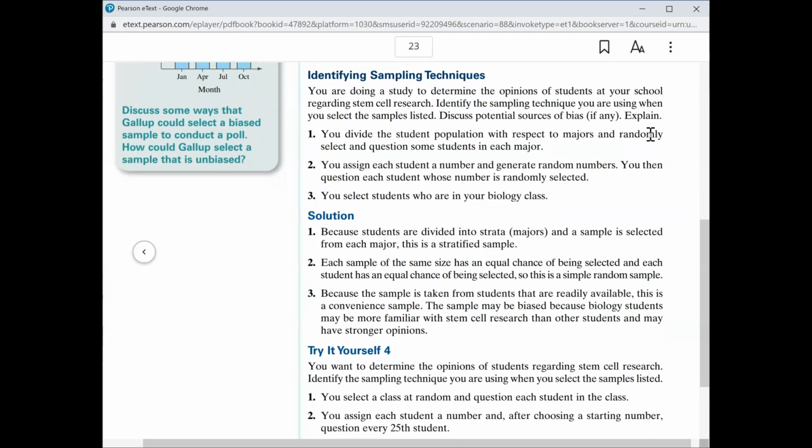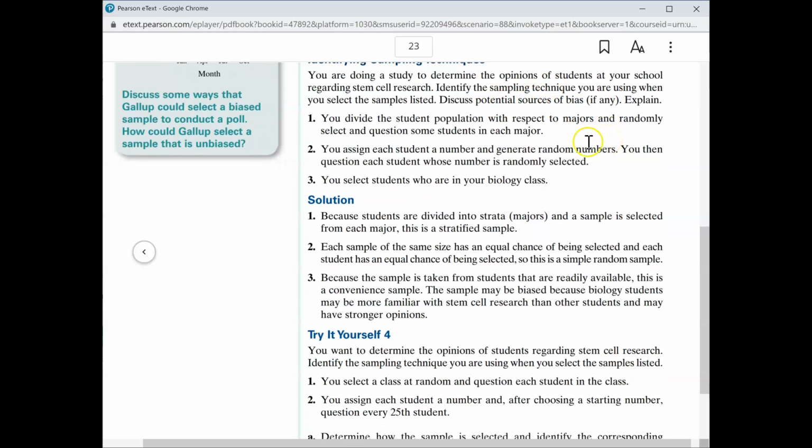Example 4 here. We're trying to identify the sampling technique used and then discuss potential sources of bias. So number 1, you divide the student population with respect to majors and randomly select and question some students in each major. So you are dividing them by major, which means you're creating strata. That's a stratified sample.